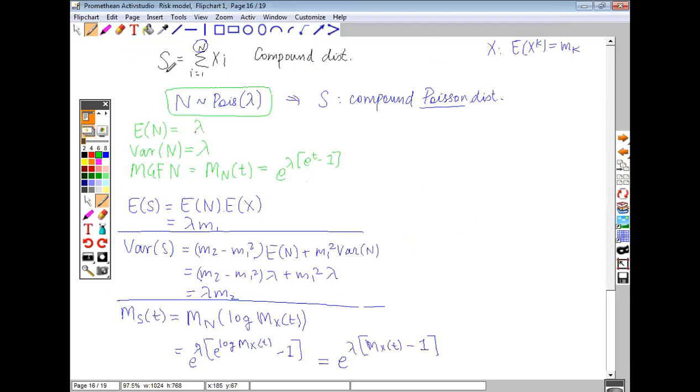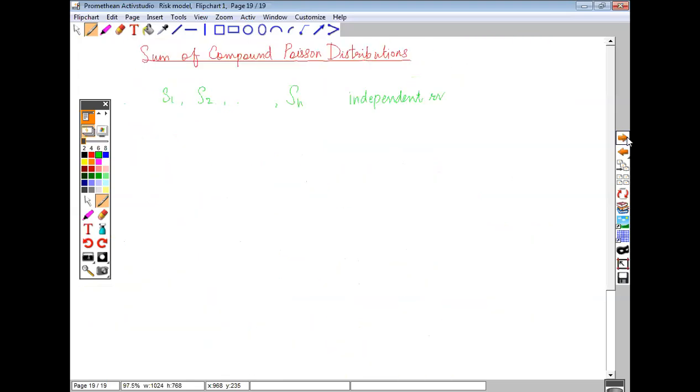So if my N follows Poisson with the parameter lambda, my S, which is a compound Poisson distribution, also follows a Poisson distribution, right? Now, instead of writing lambda, because I have different S's, I will have subscripts on all of my parameters. So I'm saying that my Sn will follow a compound Poisson distribution with the parameter lambda n. For this one, I'll have lambda 1.